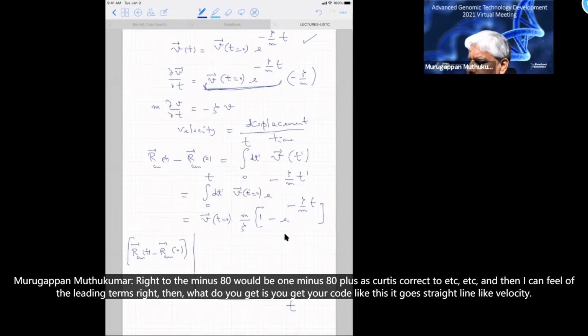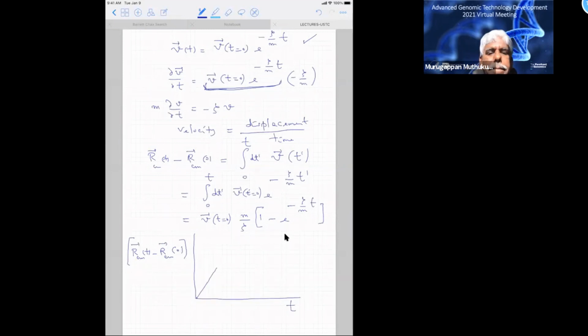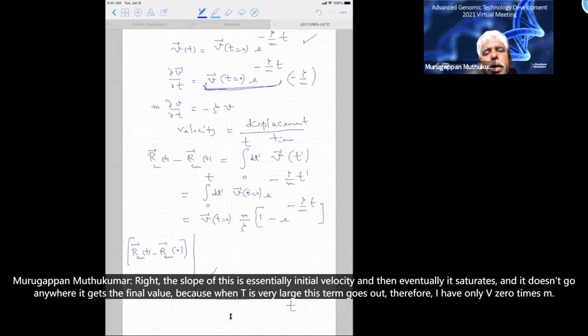It goes in a straight line like velocity. The slope of this is essentially the initial velocity, and then eventually it saturates and doesn't go anywhere.